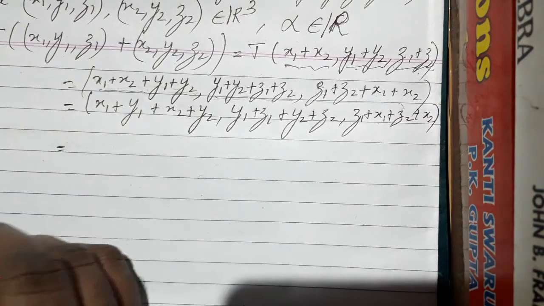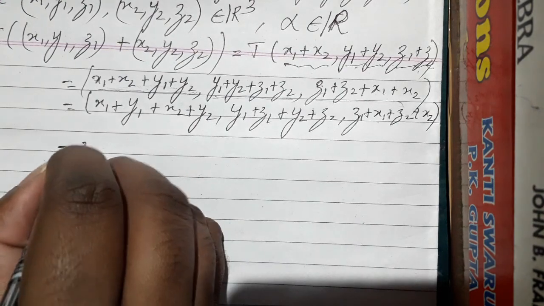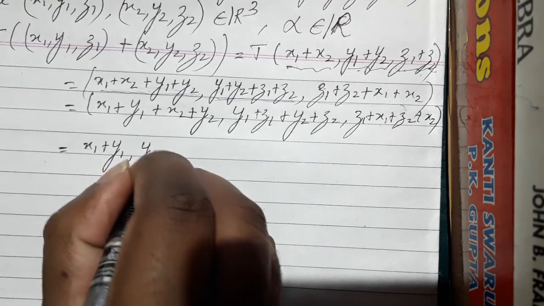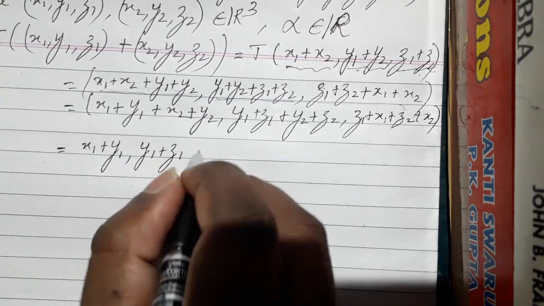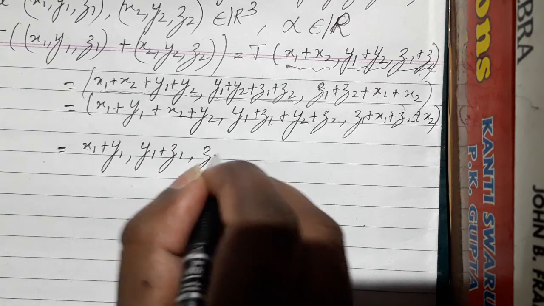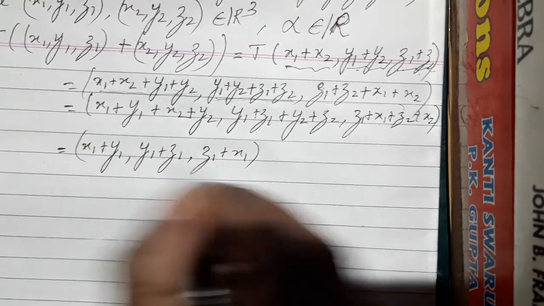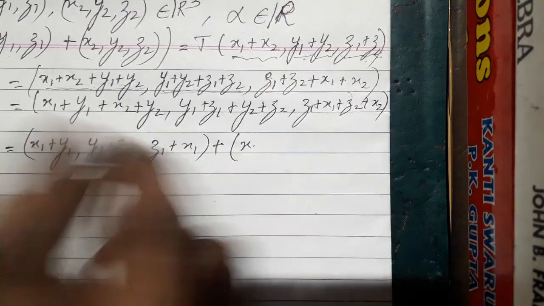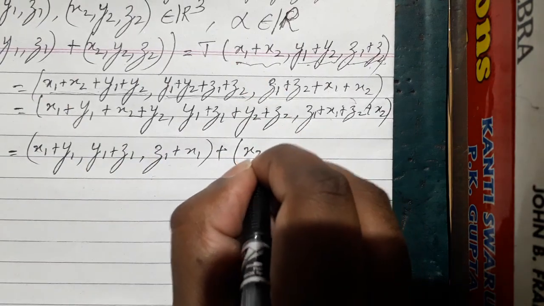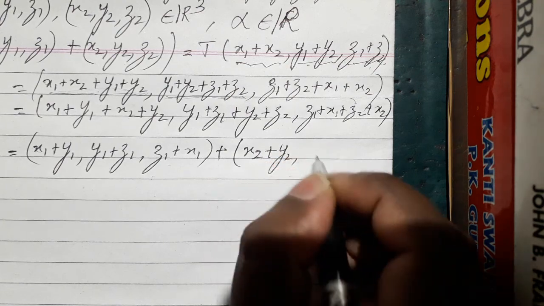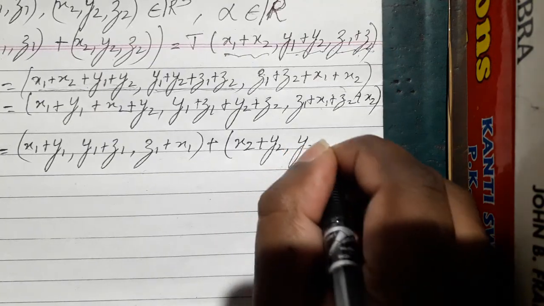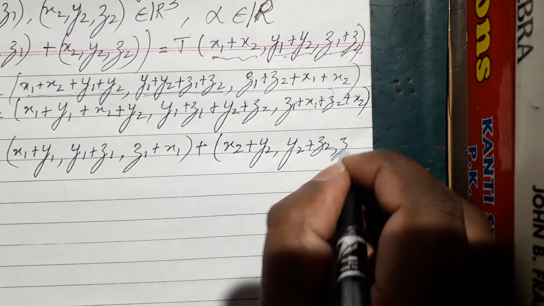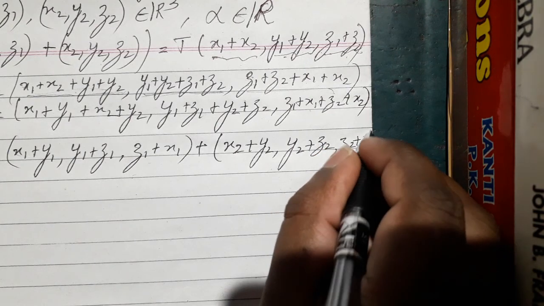So we can write this as (x1 plus y1, y1 plus z1, z1 plus x1) plus, adding coordinate-wise, (x2 plus y2, y2 plus z2, z2 plus x2).